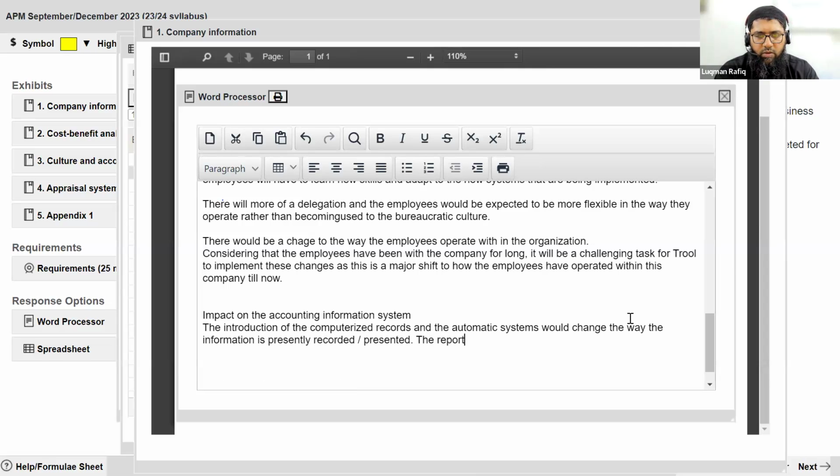The reports that are being generated would change, as the roles that the employees are expected to play would also change, and the system-generated reports will support the activities that the organization undertakes.